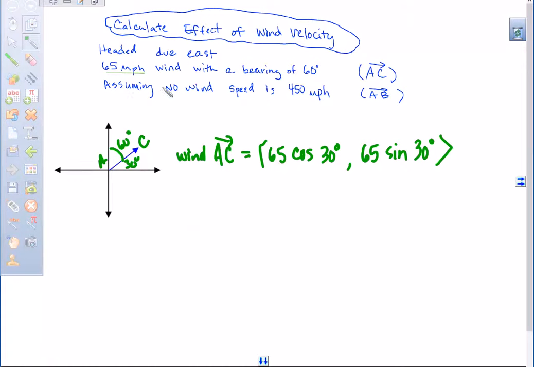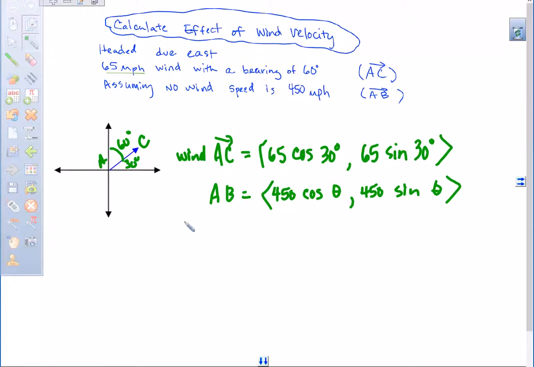Okay, I'm going to let AB represent no wind and our speed being 450 miles per hour. So this looks like this. It's 450 cosine of, I don't know, theta. And then 450 sine of theta.